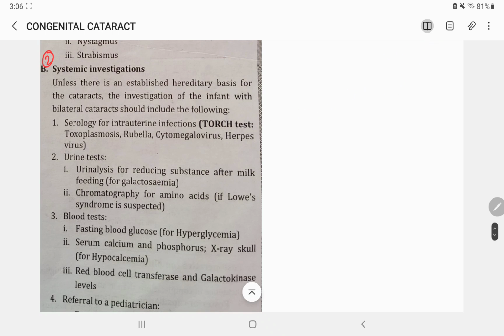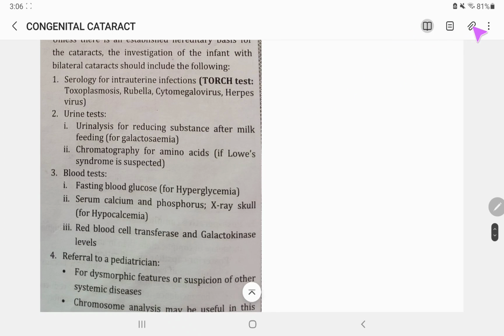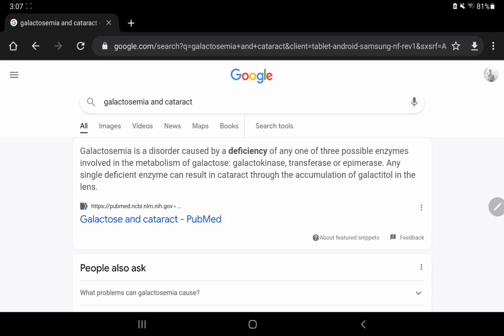So let's discuss a little bit about galactosemia. A quick Google search says that it is a deficiency of any of three possible enzymes responsible for the metabolism of galactose. That includes galactokinase, transferase, or epimerase. Any reduction in these enzymes can lead to cataract through the accumulation of galactitol in the lens.